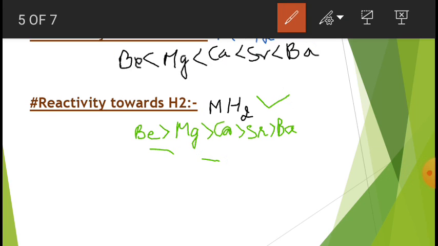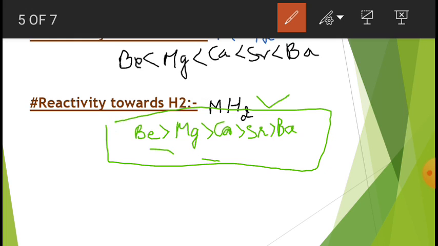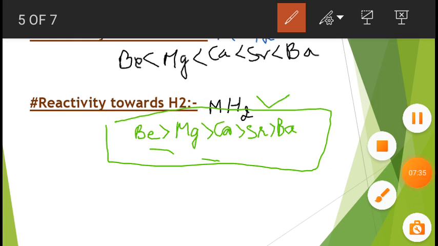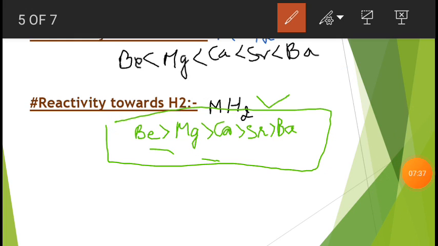Reactivity towards hydrogen follows this order from top to bottom. And in the case of reactivity towards water, OH negative is the ion, and in case of reactivity towards hydrogen, when they form hydrides, H negative will be the ion.